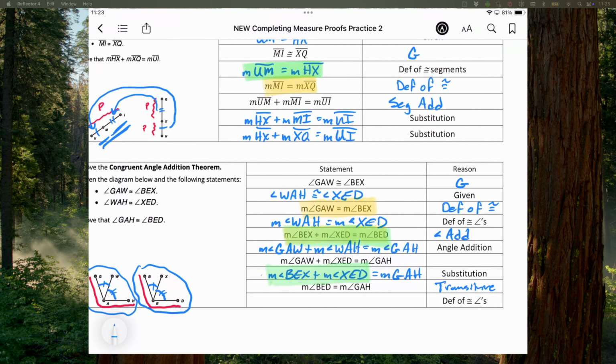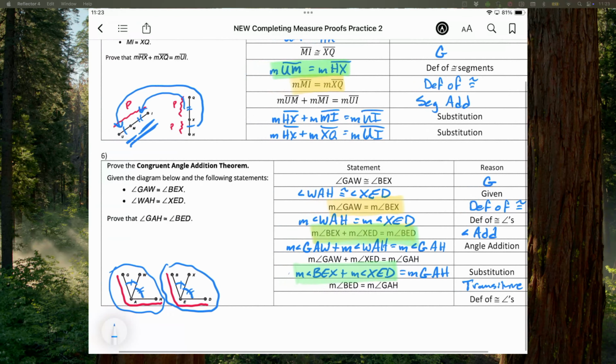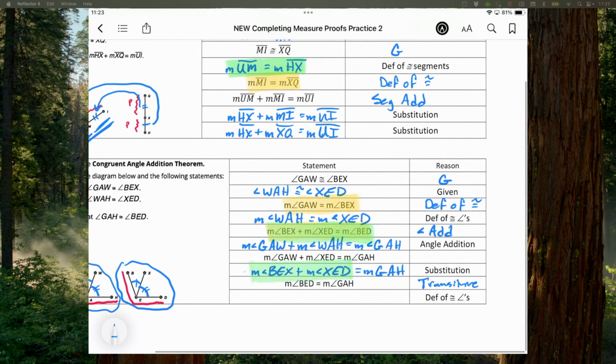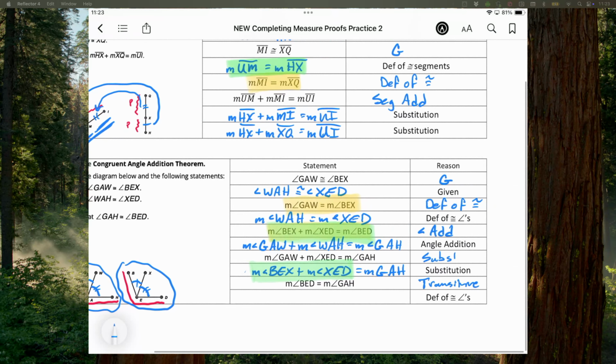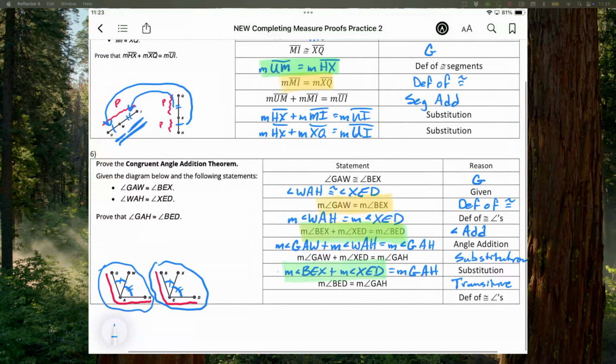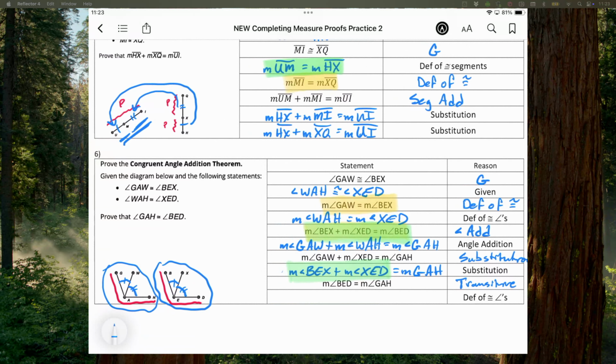I'm sorry, this one here is angle addition or substitution. This one was substitution also. Then we are going to have, last, angle BED is congruent to angle GAH.